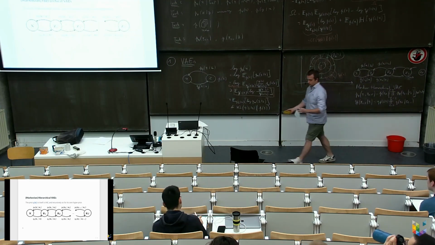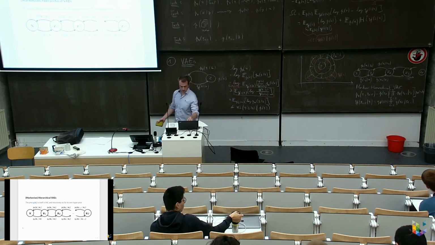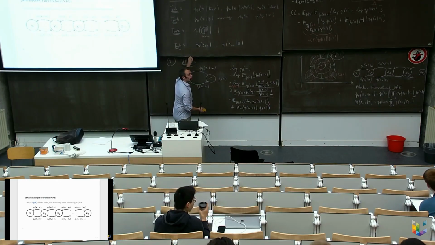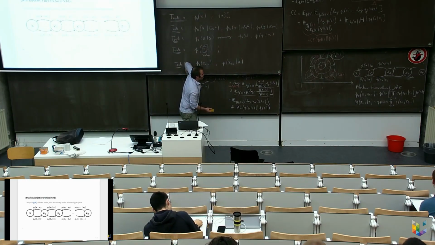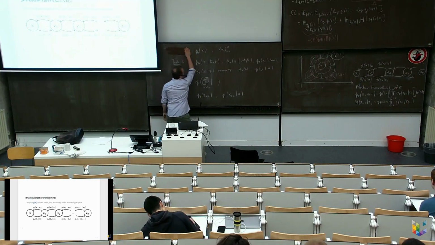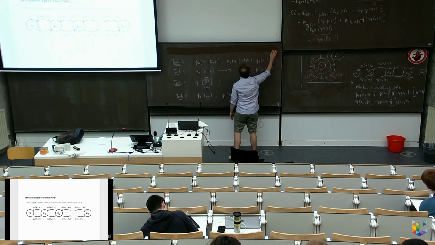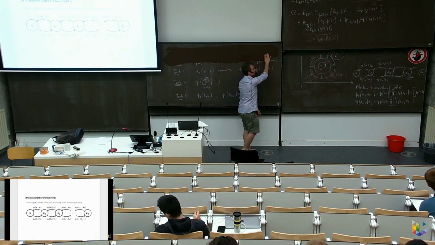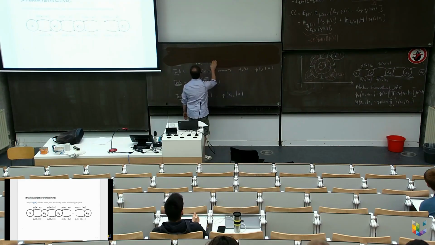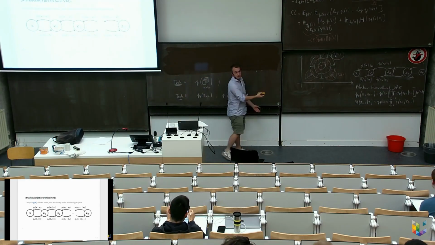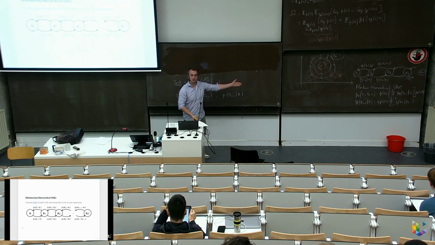How do we train this thing? What would be the loss? Anyone? So I'm giving you a data set, I'm giving you a probabilistic model. It comes with parameters.